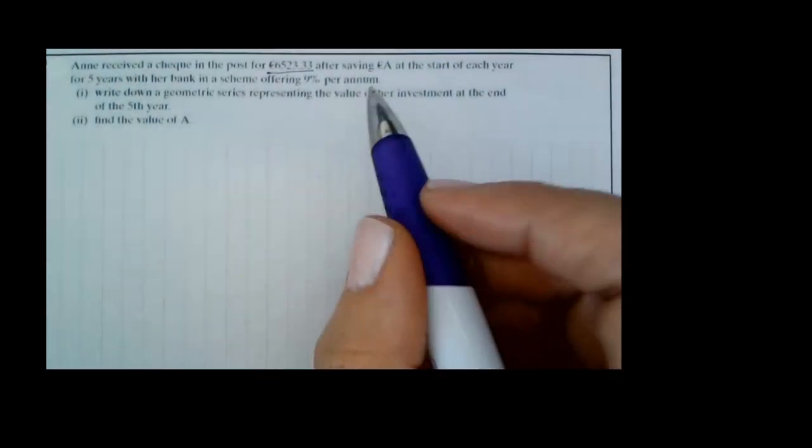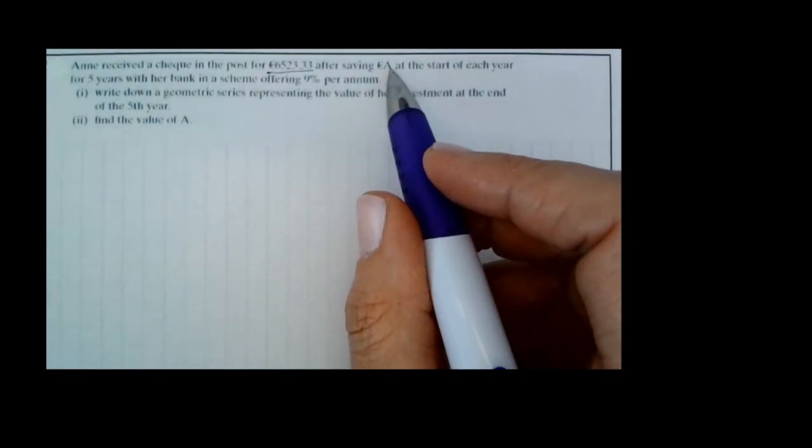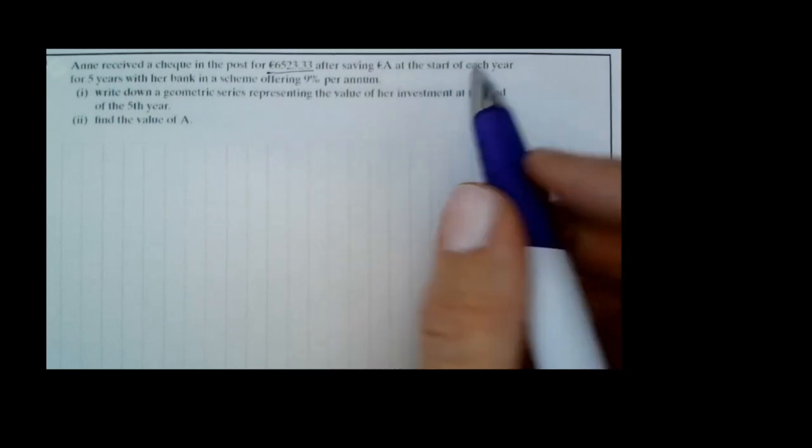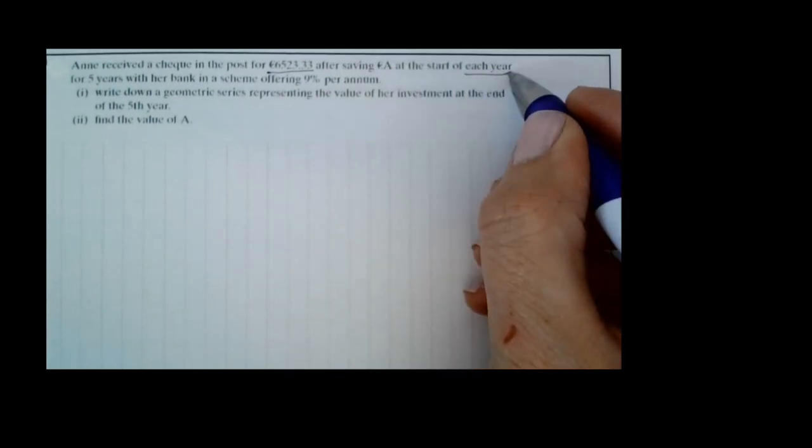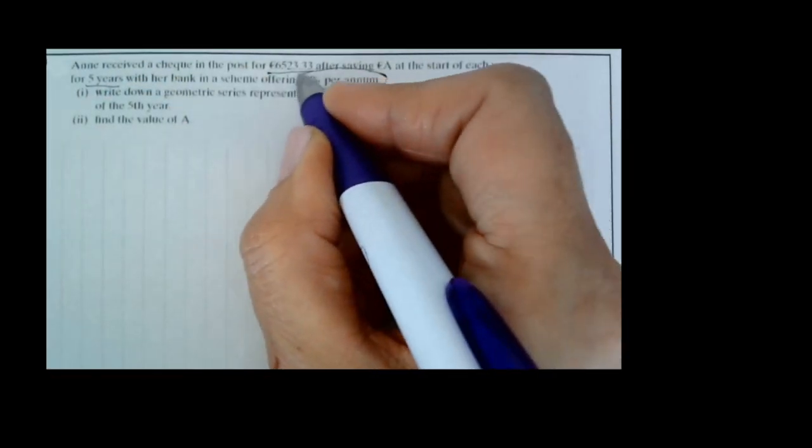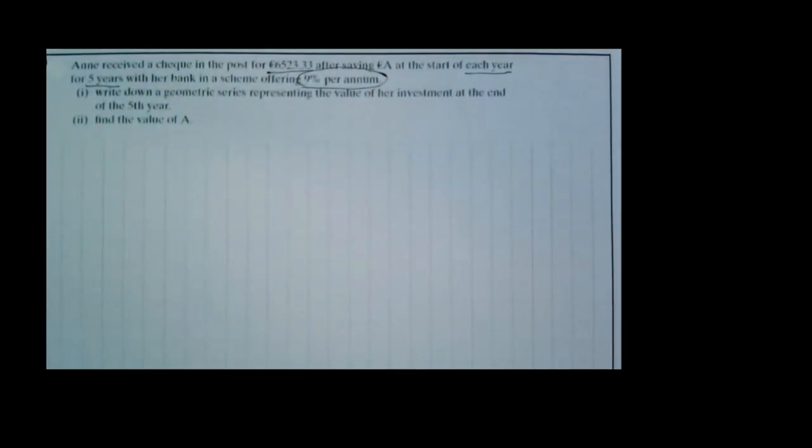So again, in this one, you're given the future value, and we don't know what the installment is. It's each year for 5 years with a yearly rate. So rate-wise, we are matching the time frame and the regularity of the installment and everything. So that's all good. So let's write out our series then.